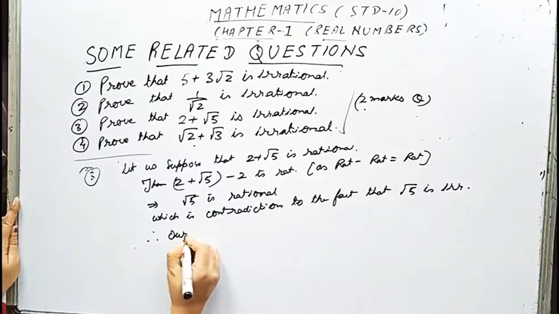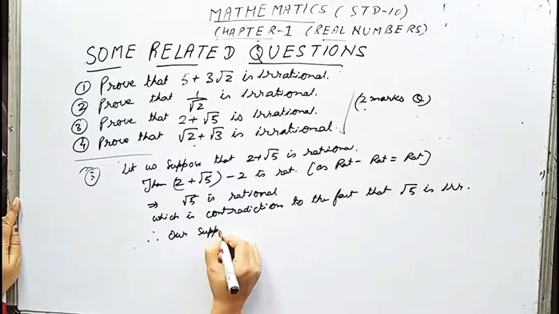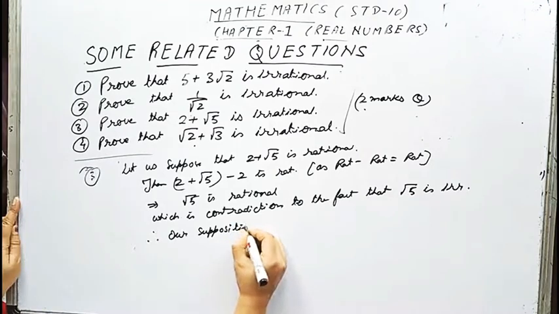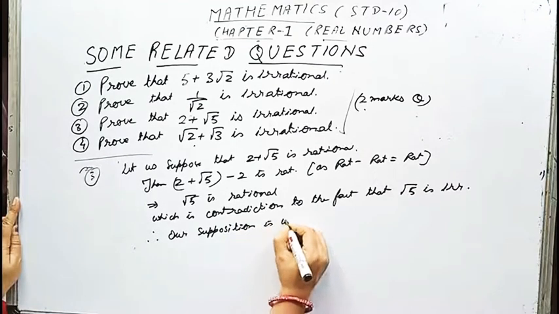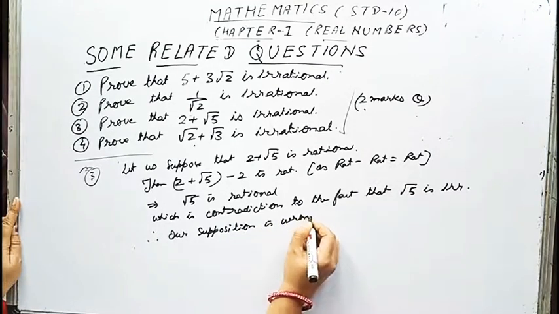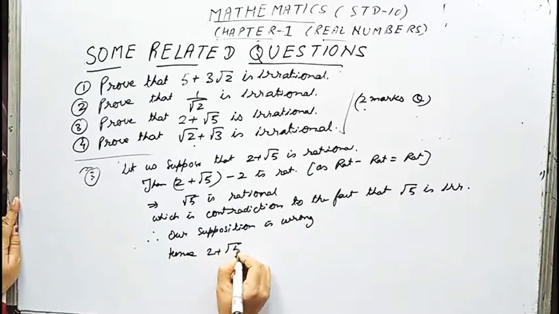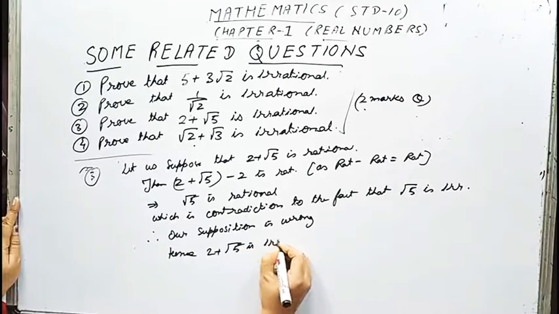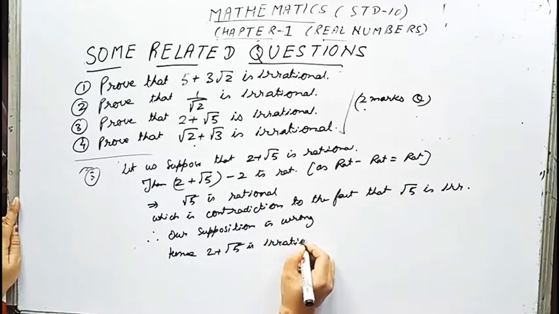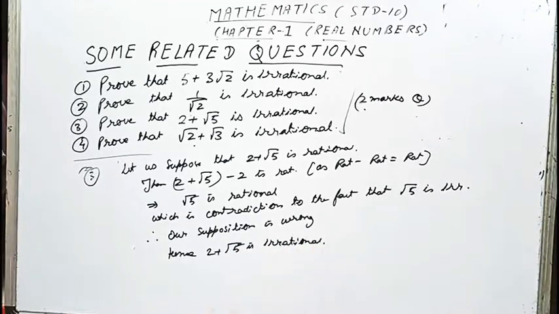Therefore, same story we will write. Our supposition is wrong, and hence 2 plus root 5 is irrational. Let's go to question number 4.